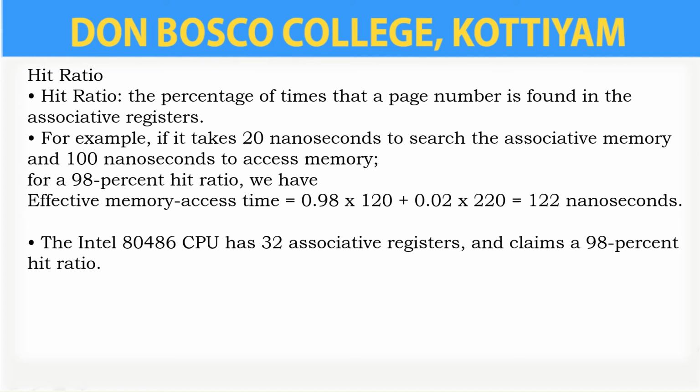For example, if it takes 20 nanoseconds to search the associative memory, or TLB, and 100 nanoseconds to access the memory to fetch the data, then for a 98% hit ratio the effective memory access time should be 122 nanoseconds.